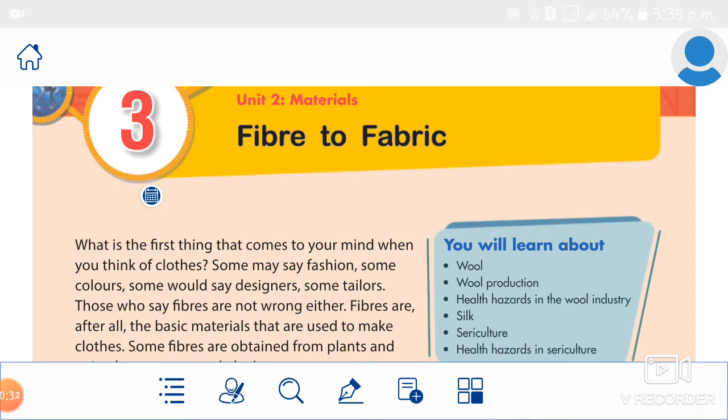Listen. A Chinese emperor had to take tea in the garden. The emperor expressed concern over the mulberry trees in the garden getting affected by some strange pest.